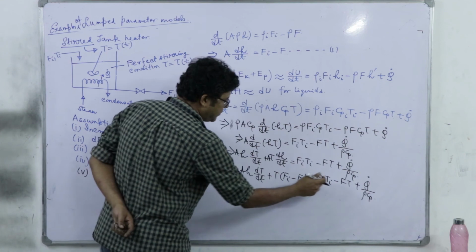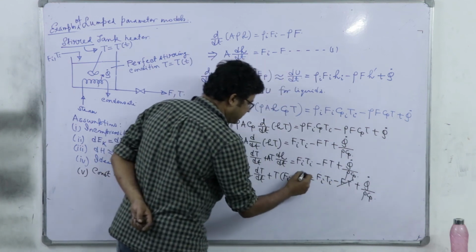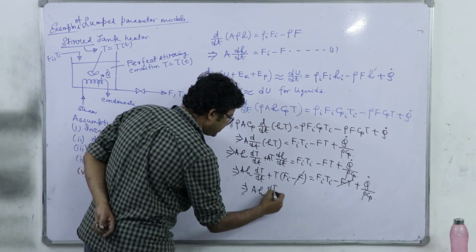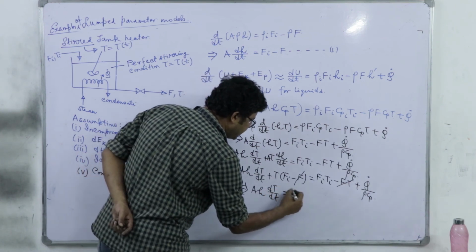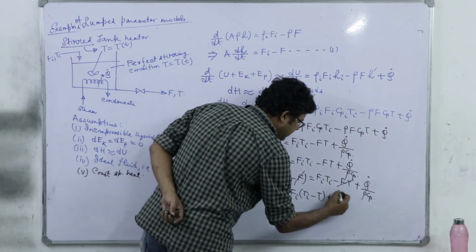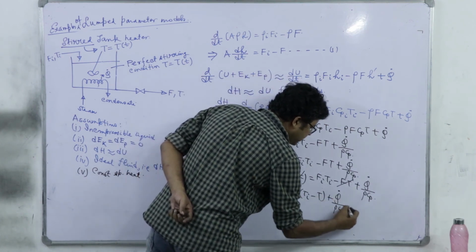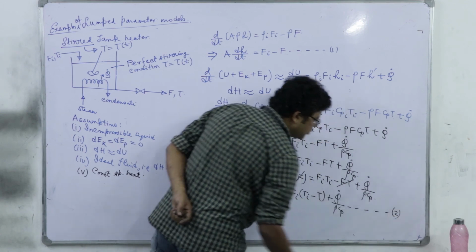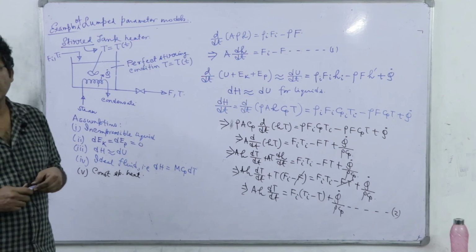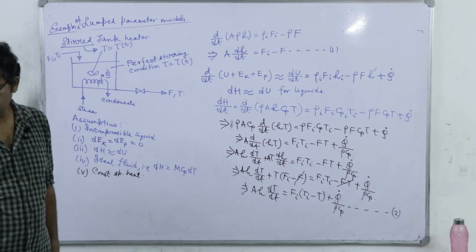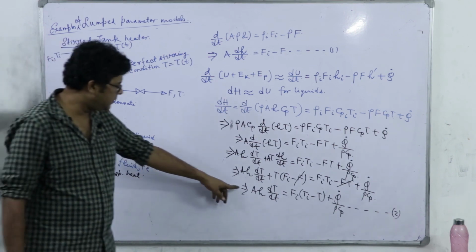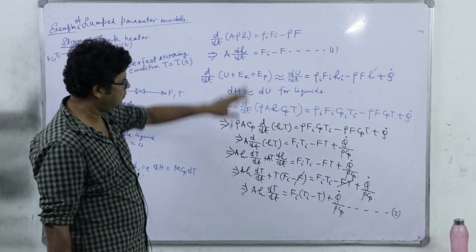Now this F T minus and F T minus will cancel out, and we have A h dT/dt is equal to Fi (Ti minus T) plus q dot by rho Cp. So this will be my equation 2, and this is equation 1.